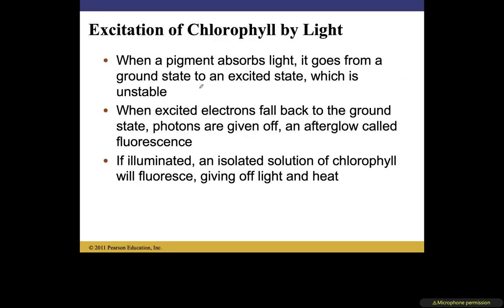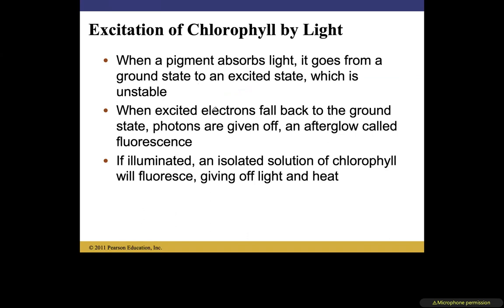So when the pigment absorbs light, it is going to go from a ground state to an excited state. And that excited state is unstable. So when the electrons are excited and they need to release that energy, they have to release it to something.